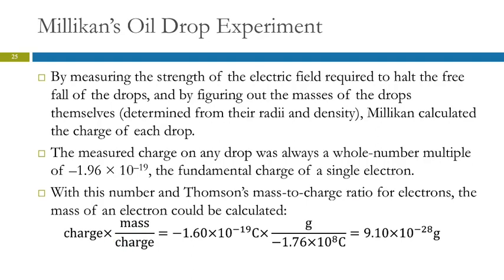So they found that the charge on each particle was a multiple of this same small number, because some of those particles had 2 electrons on them, some had 3, so a charge of -2 or -3 based on the number of electrons, but they were all multiples of this number. So this is the charge on a single electron, and this is the mass of a single electron.